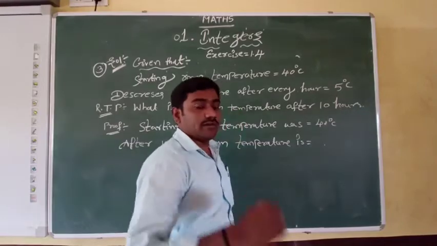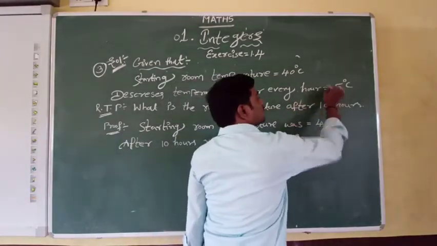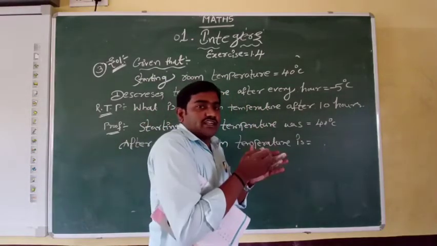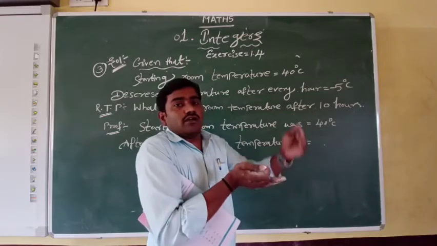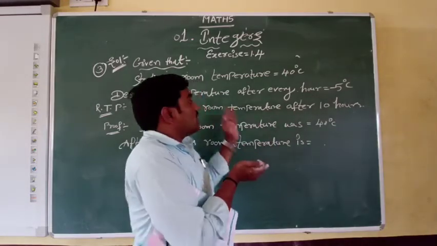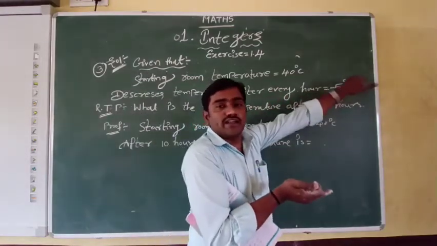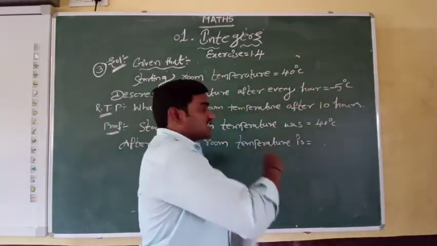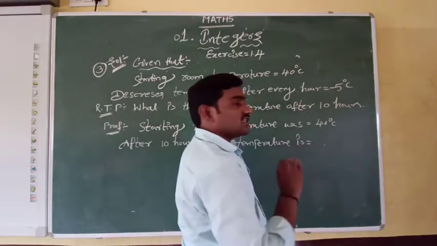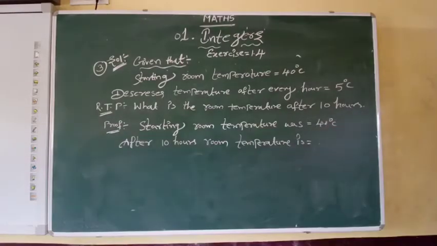See, for every 1 hour, 5 degrees centigrade decreases. When it decreases, we put the minus. That means minus 5 degrees centigrade goes. First it is 40 degrees centigrade. After 1 hour, minus 5 degrees centigrade. Then next hour, again minus 5 degrees centigrade. So we keep the minus 5 degrees centigrade here. How many hours does it decrease? 10 hours it decreases. First we have 40.